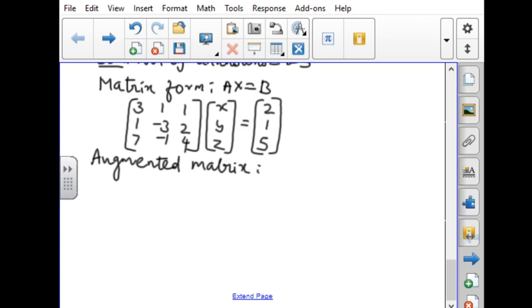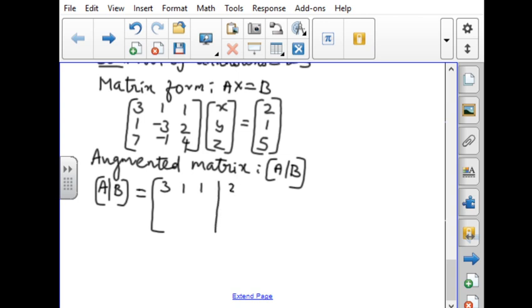Augmented matrix is nothing but A bar B. So let us write down the augmented matrix A bar B. First write A followed by B. 3, 1, 1, 2; and then 1, minus 3, 2, 1; here 7, minus 1, 4, 5.